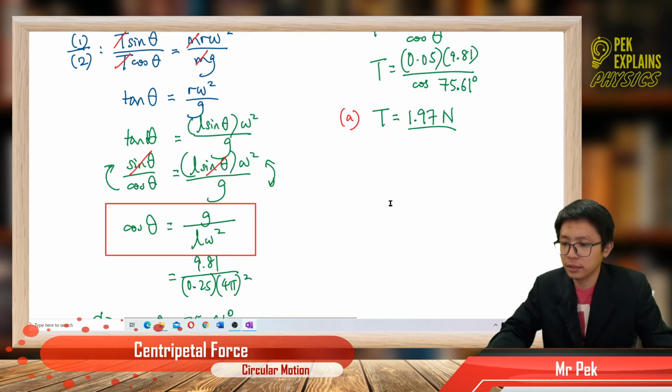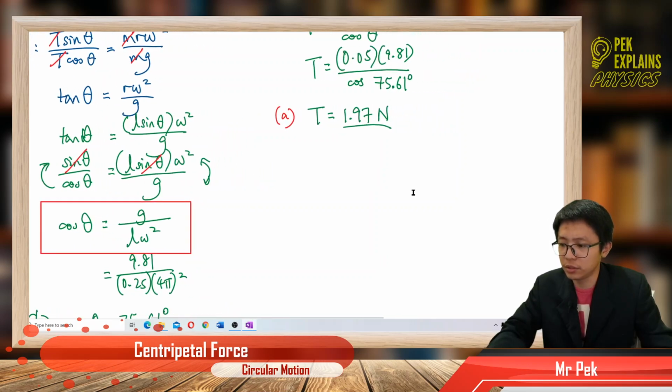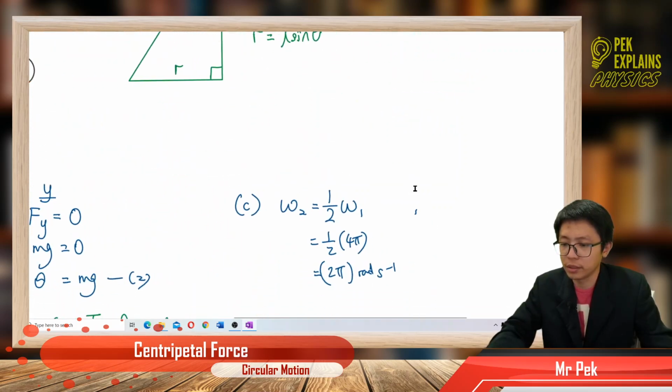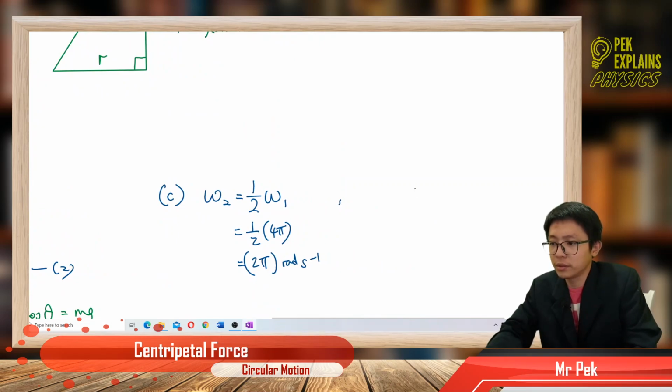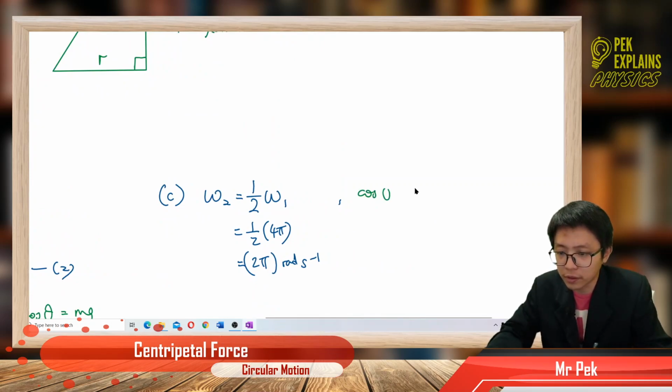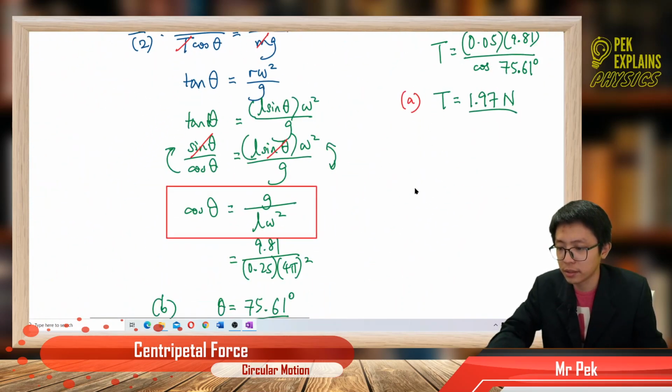So write that down: cos theta equal to g over L omega square. Yeah, correct.